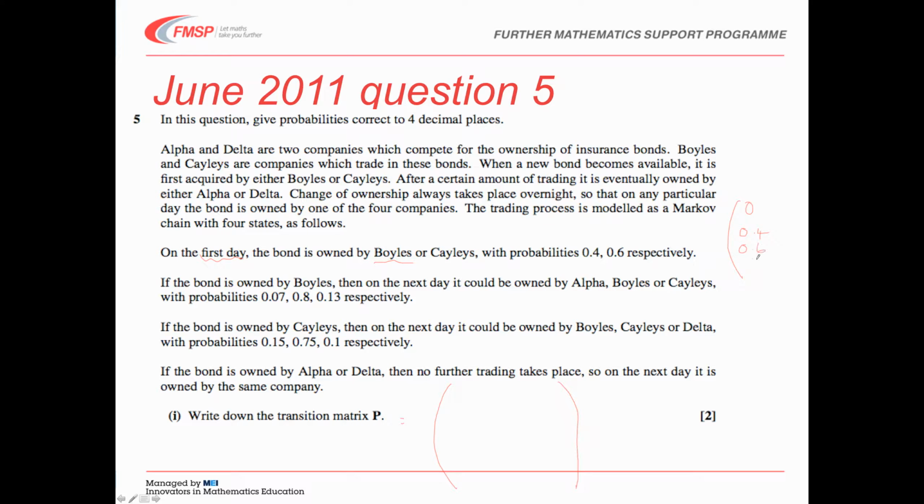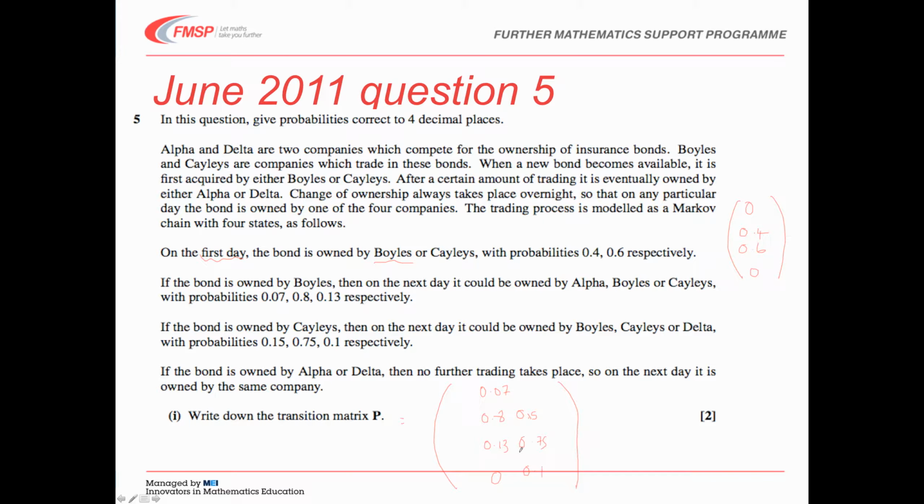In this case, we're going to need to multiply by that initial state when we're doing these questions. If it's owned by Boyles, on the next day it could be owned by Alpha, Boyles or Cayley with these probabilities: 0.07, 0.8, 0.13. And if it's owned by Cayley, we've got Boyles, Cayley or Delta, with probability 0.15, 0.75, 0.1.